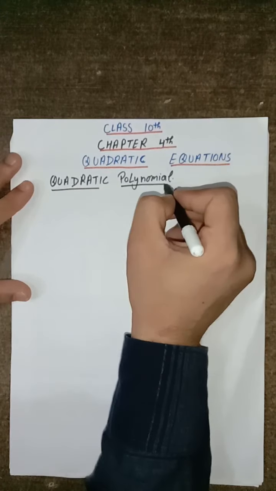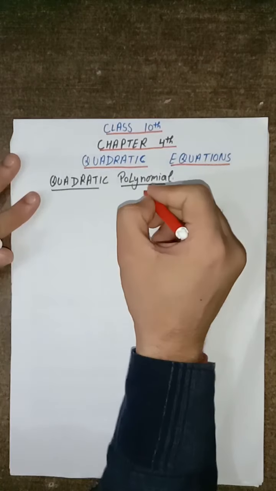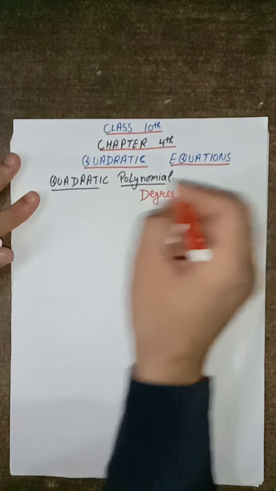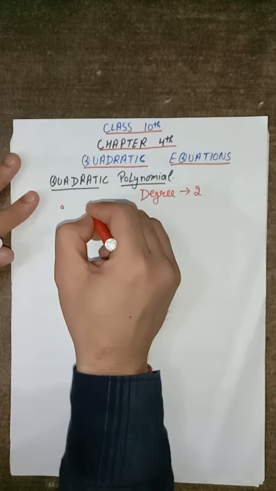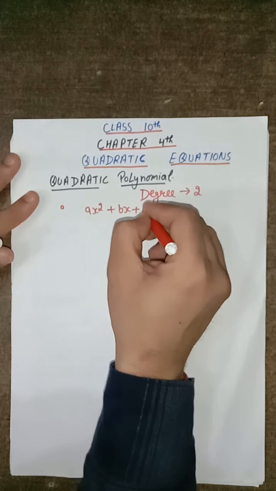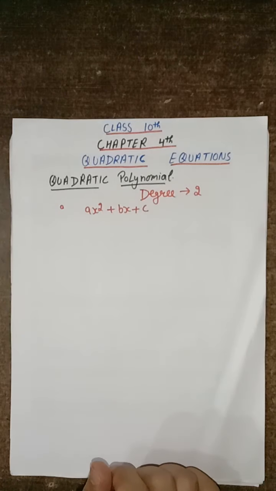In a quadratic polynomial, the degree is 2, meaning the highest power will be 2, and its general form is ax squared plus bx plus c. But our chapter name is quadratic equations. We are discussing quadratic polynomial, so what is the difference?